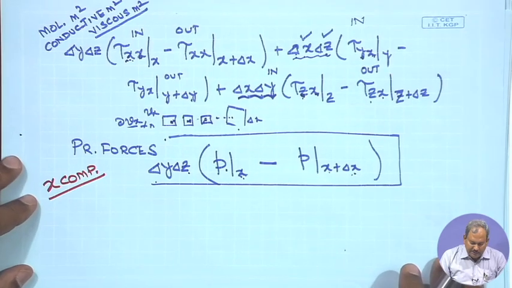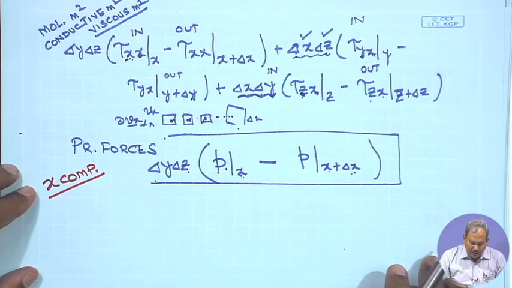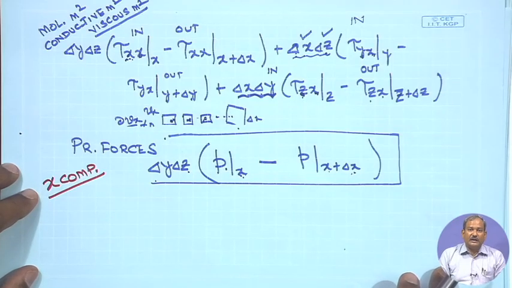The y and z components can be written in a similar fashion, and you do not have to write each one of those components separately. So, we have identified the momentum, we have identified the pressure forces, the only thing remaining is the body force which is acting on it. So, what is the body force?